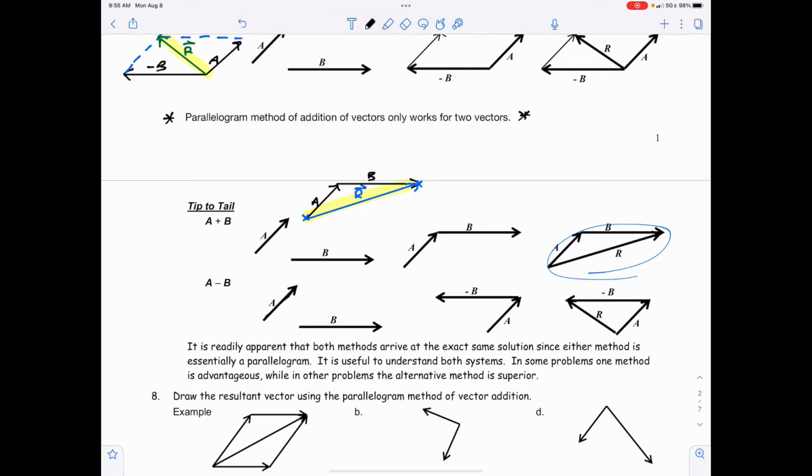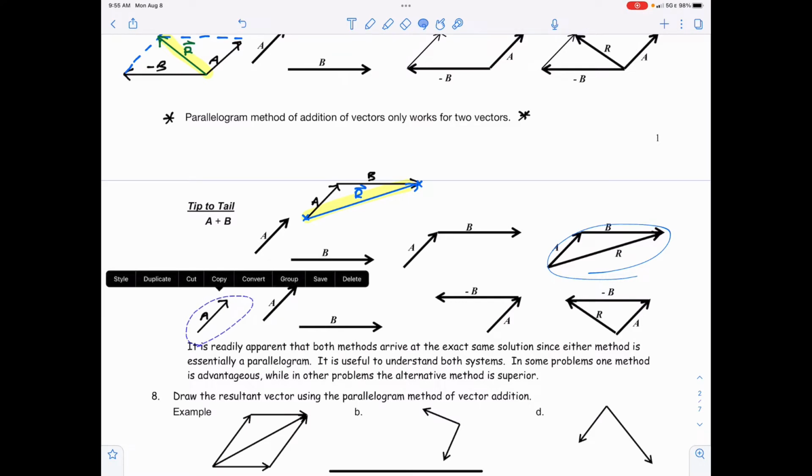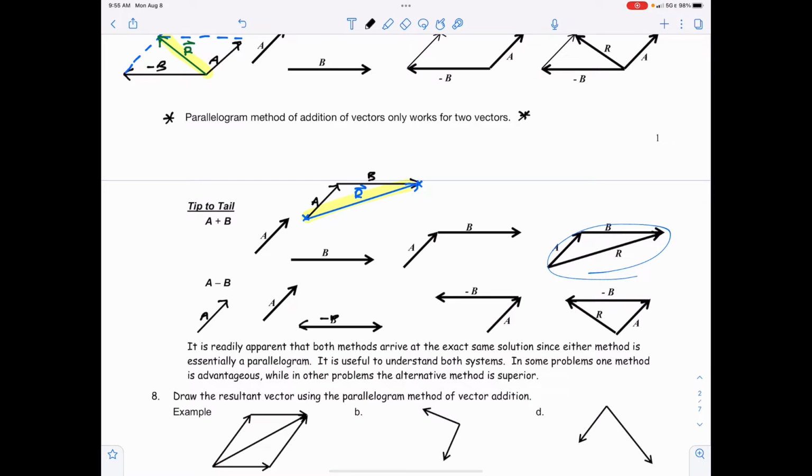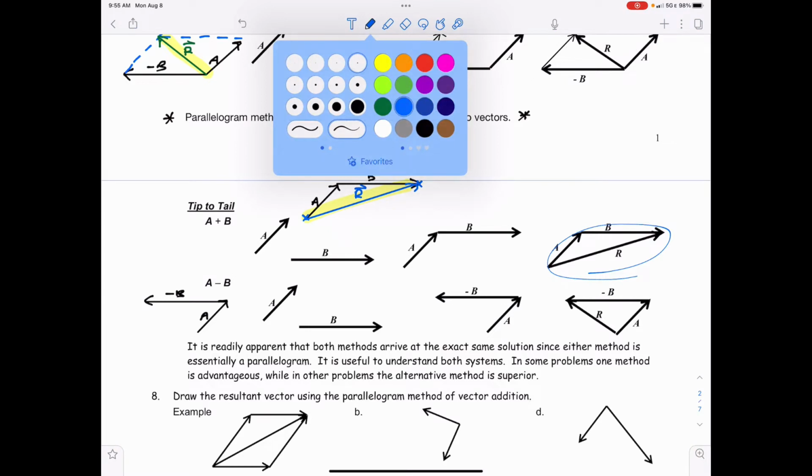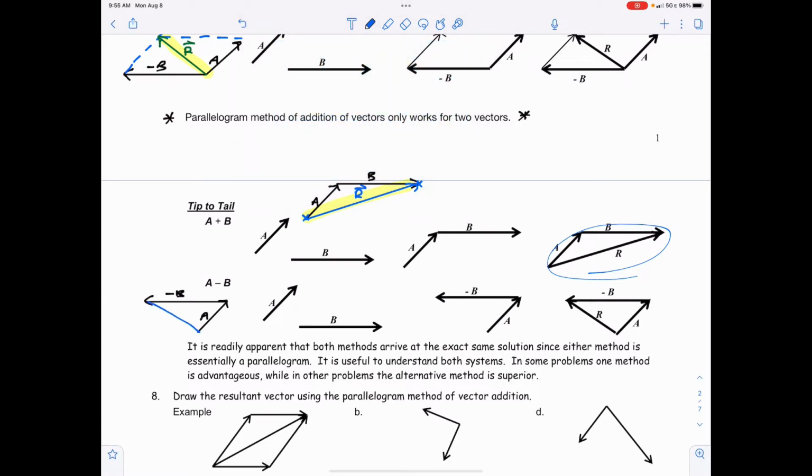We're going to take A, I'll do this over here where I have room. And at the tip of A, I'm going to put negative B. Just like that. So again, tip to tail. The tail of the second vector goes at the tip of the first. And the resultant vector is a straight line from start to finish.